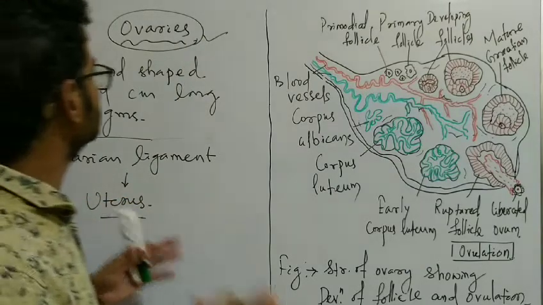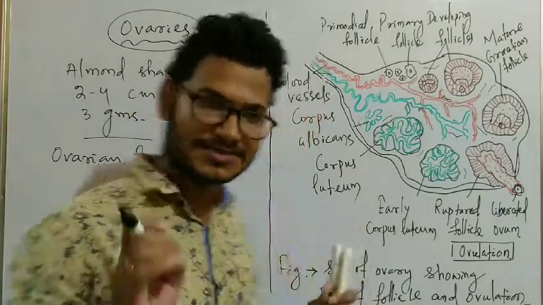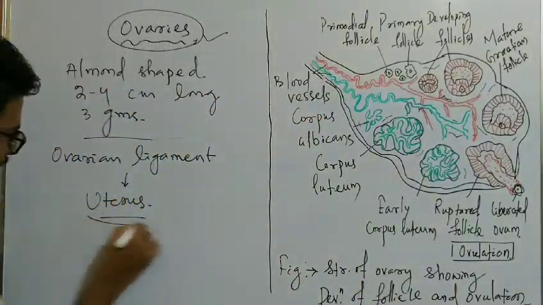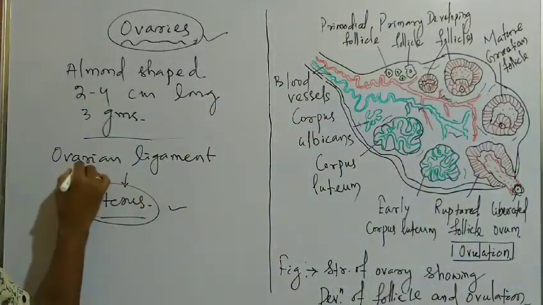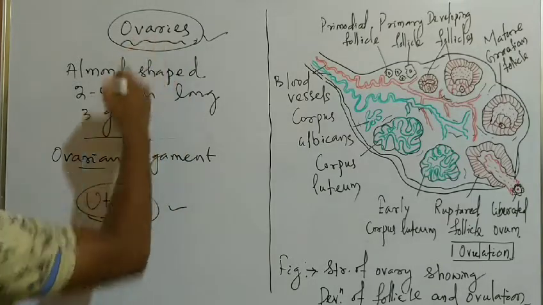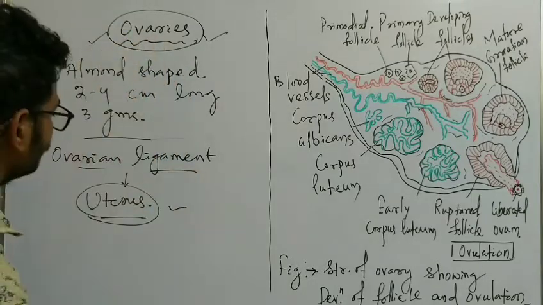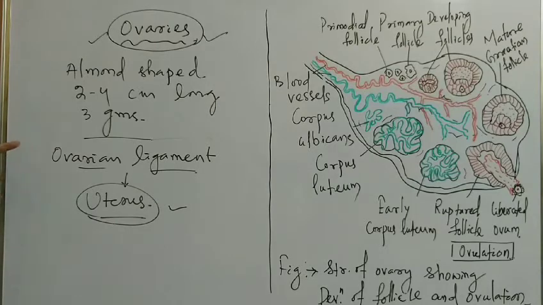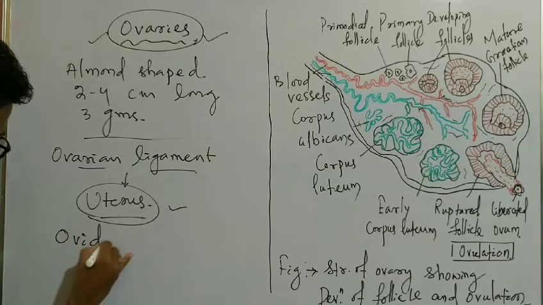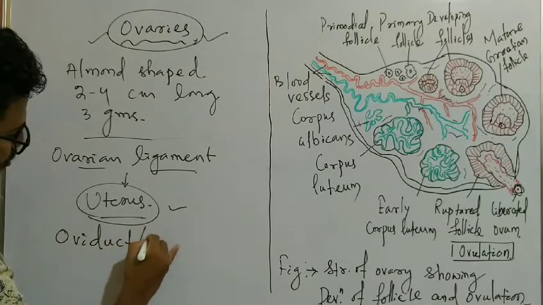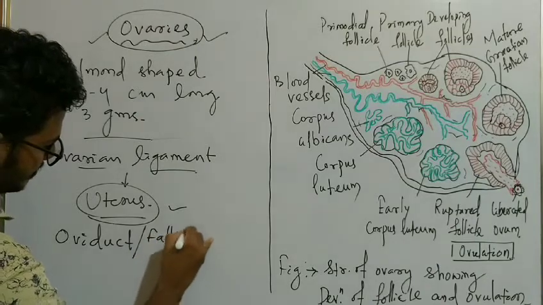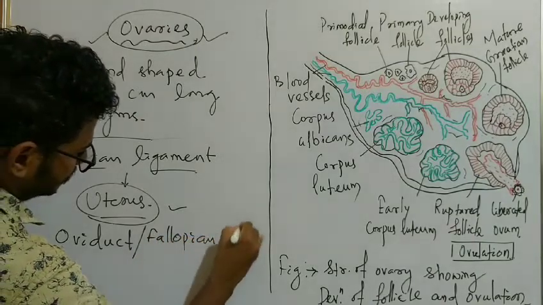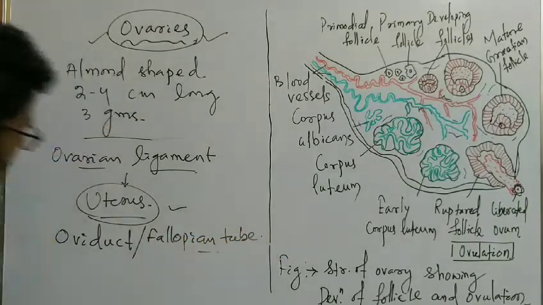We know the basic structure of the female reproductive system, and the uterus is also attached to the ovaries with the help of the oviduct. The oviduct is also called the fallopian tube. We will discuss these in detail also.